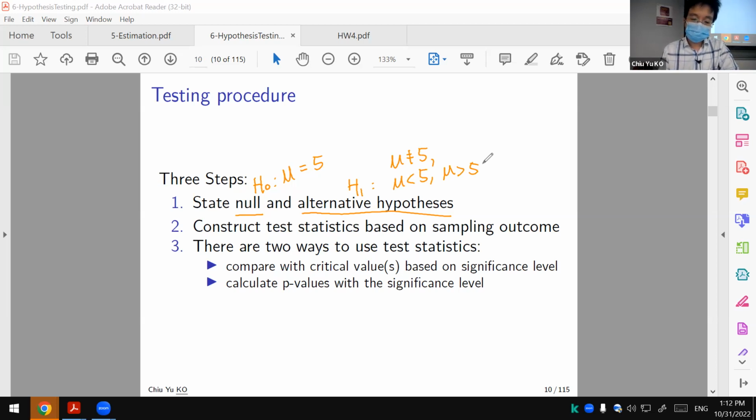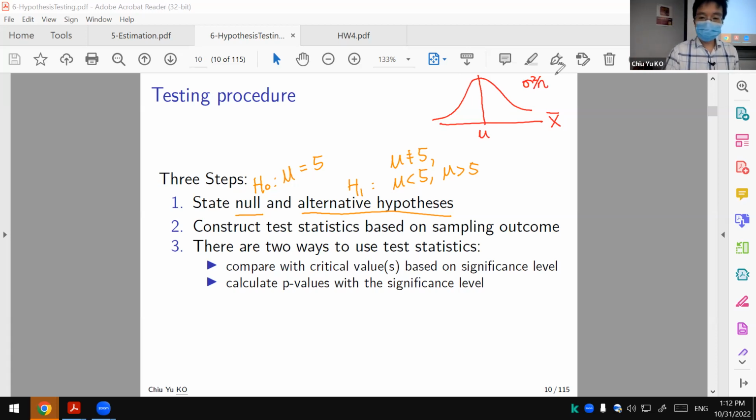and we will make an assumption on the data, say normality. In that case, X bar follows a bell shape, with mu here, and the variance is sigma squared over n.